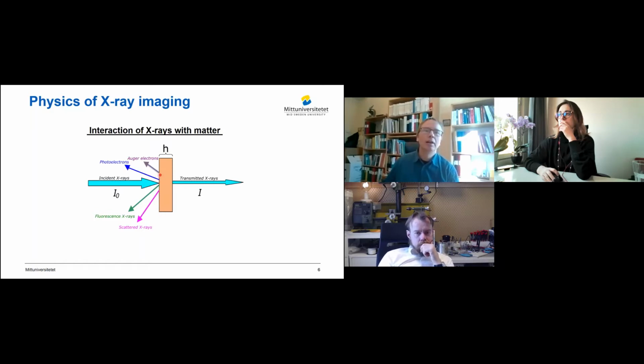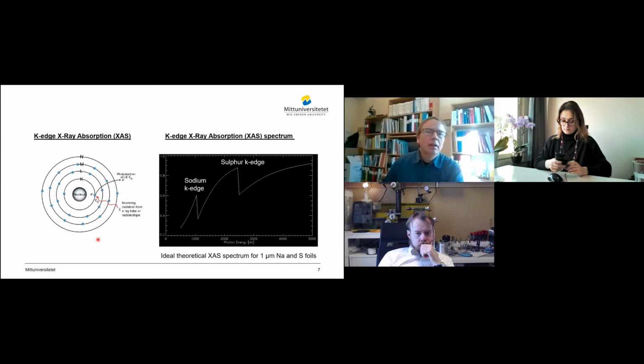You get Auger electrons and photoelectrons that are excited, so you get them out. You get fluorescence X-rays and you get X-ray scattering. But for the transmission part, we look at the transmitted X-rays, and the type of imaging here we can say is K-edge X-ray absorption.